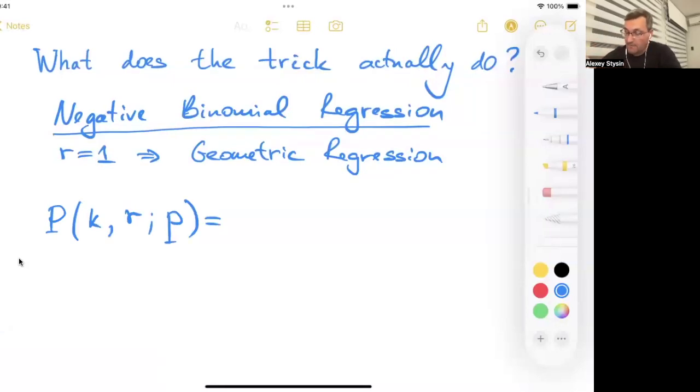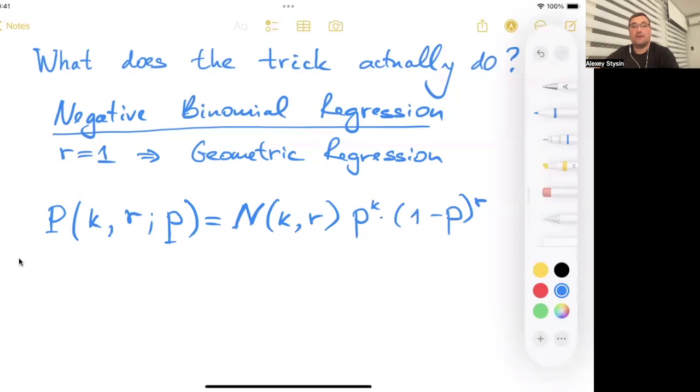It could be written as some normalizing multiplier, which depends on K and R, and then P to the power of K and 1 minus P to the power of R. And it's very tempting to try to interpret this P as the CTR, and it just completely doesn't work. So this is not what happens when we do the trick.